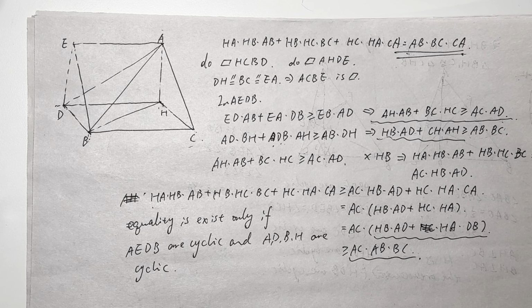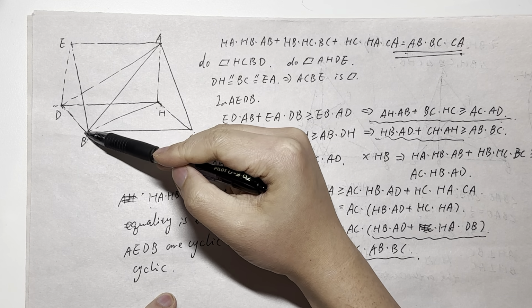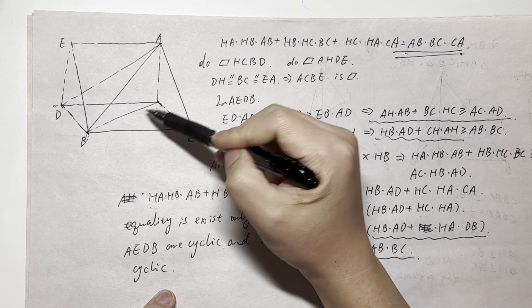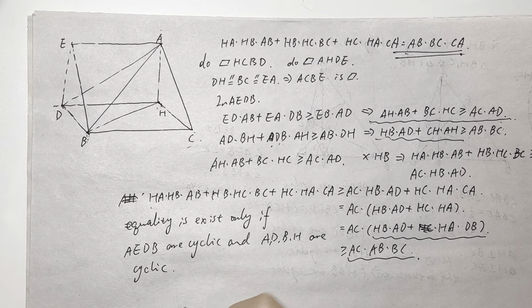Could be the orthocenter. So think about that: AEDB are cyclic and ADBH are cyclic. That means AEDBH are cyclic, right?